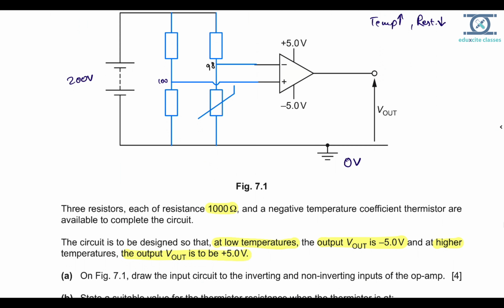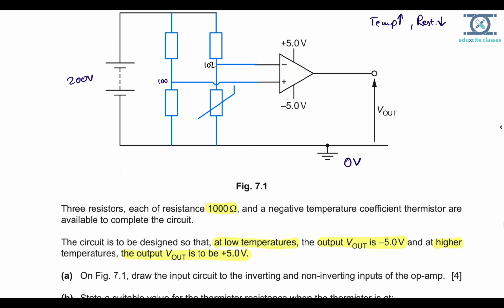Sorry, this is the thermistor. Here the temperature is low, so the resistance will be high. If the resistance is high, there will be more voltage drop here, so there will be less voltage drop across the other resistor. So it will be 100 and let us say 2, just for an example.